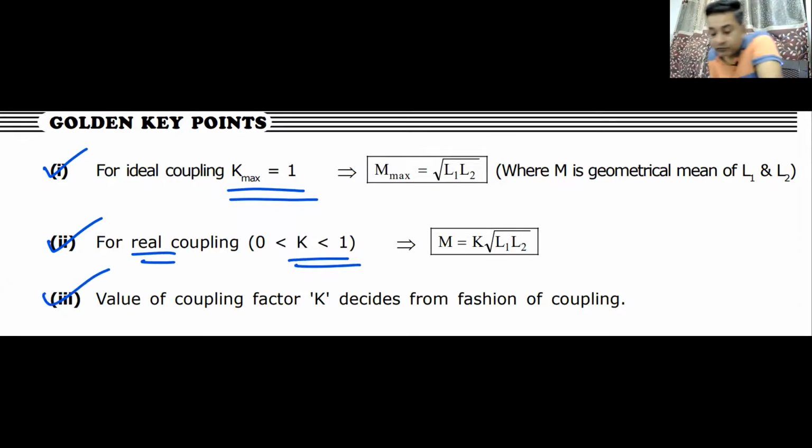The value of coupling factor comes from how they are linked to each other. In the next diagram, we are going to see the different types of coupling, and then you will be able to understand how this value of K varies. So you can just note them down in your sheet.